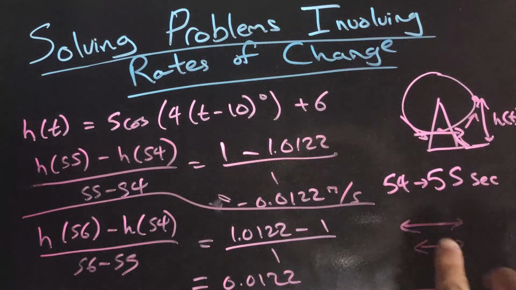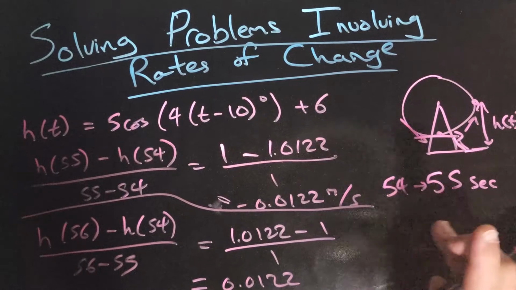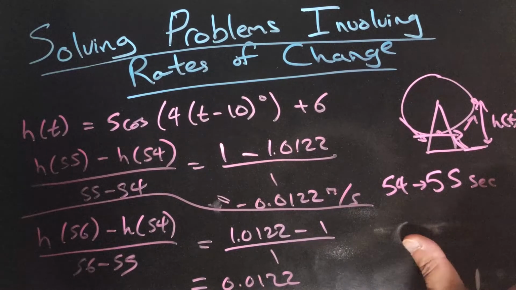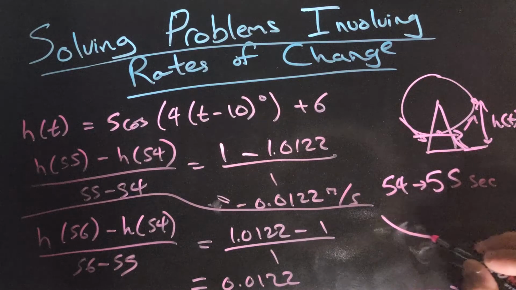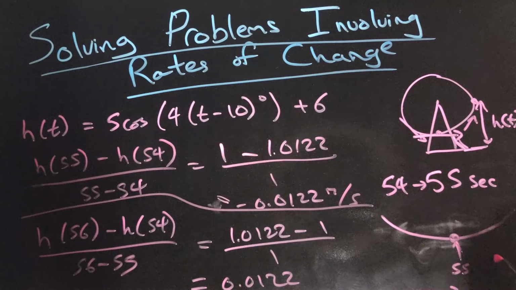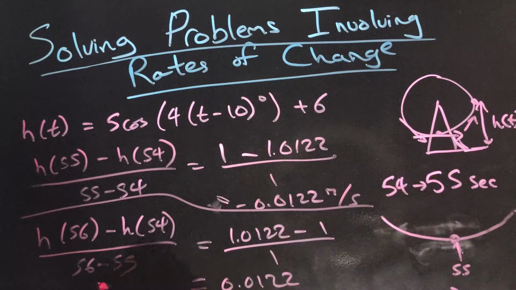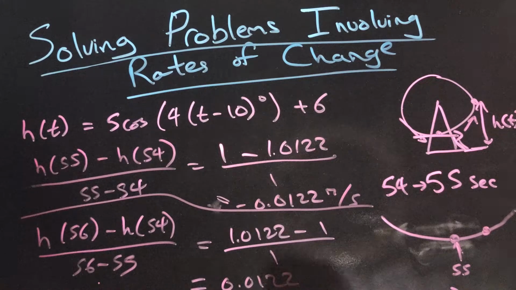So if you had like the bottom of the Ferris wheel, this is 1 meter above ground at 55 seconds. At 56, it'll go back up slightly more.